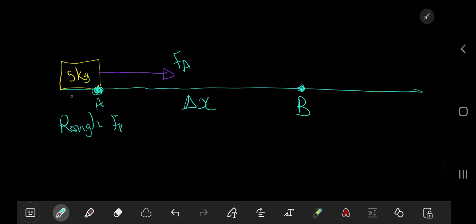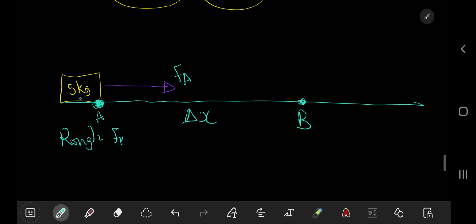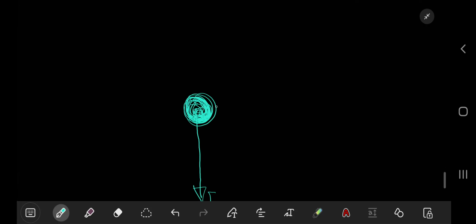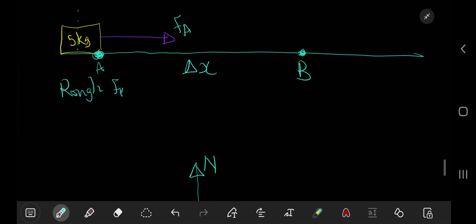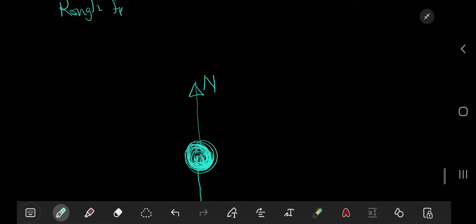And the fact that it's resting on a horizontal surface, in contact with the surface, means we have normal force, which is acting perpendicular to the surface. Then the next force is your applied force, which is applied to the right.